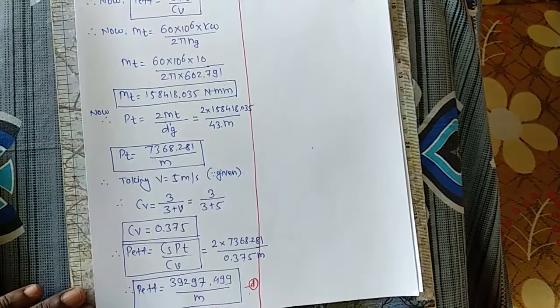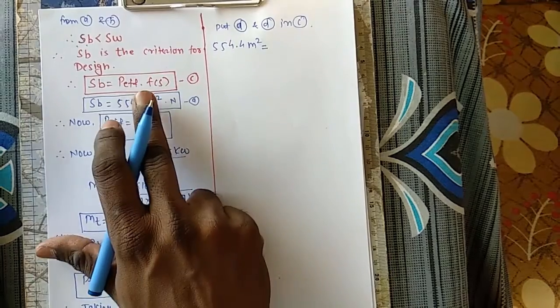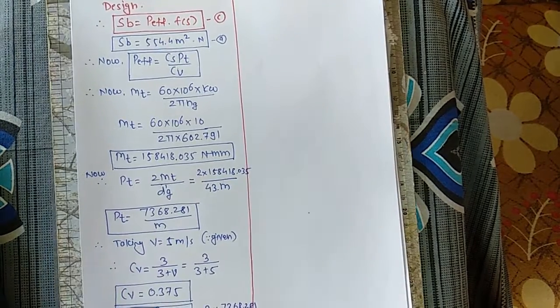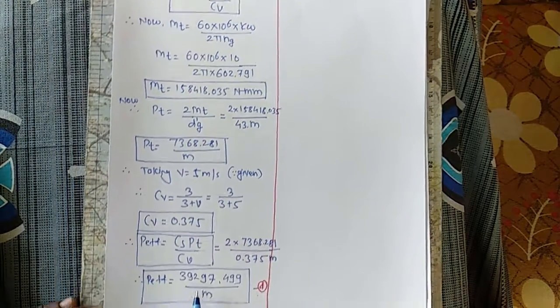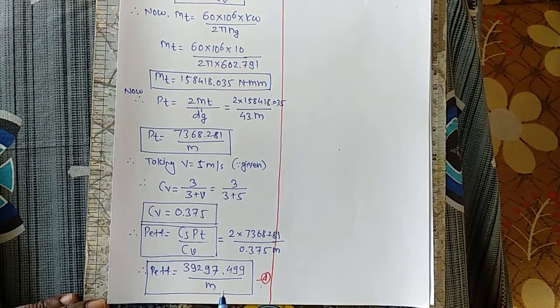Now I will put equation D in equation C, that is 39297.499 divided by m.